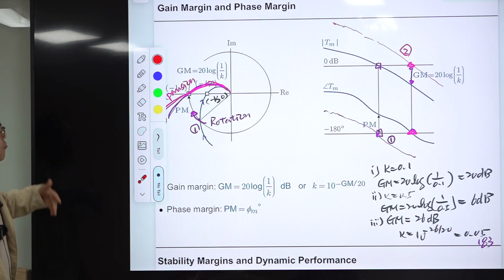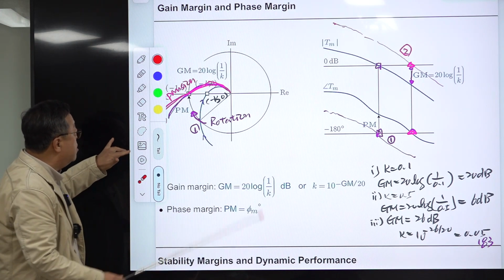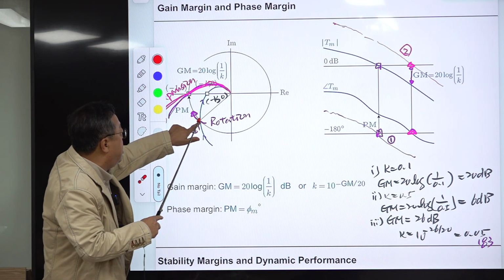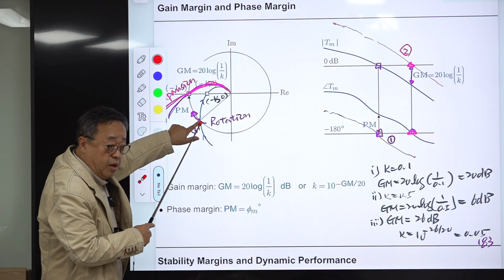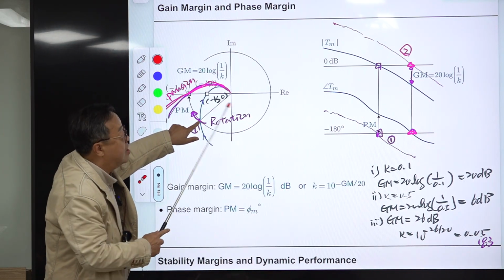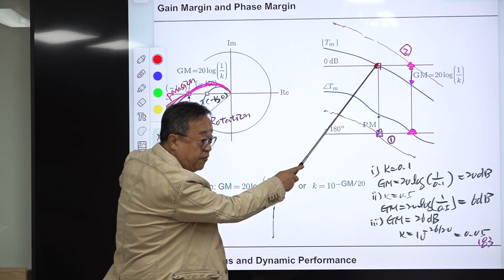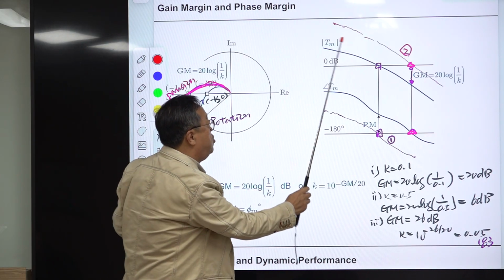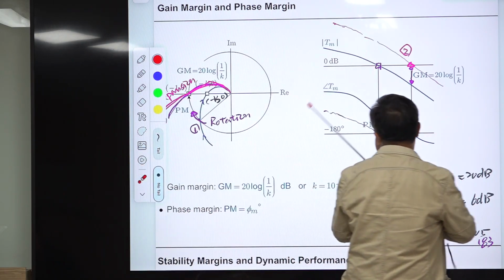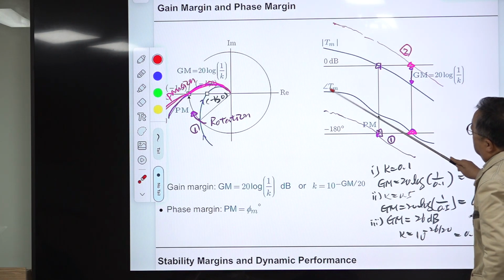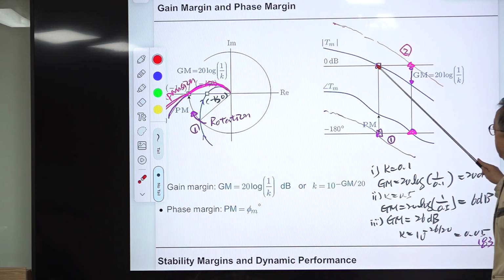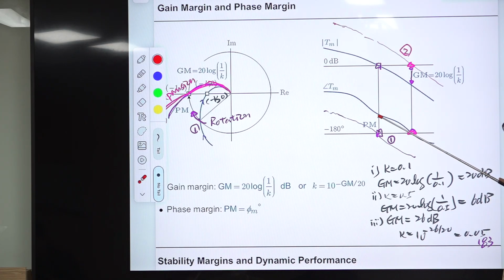When you are evaluating phase margin, you find this point where the polar plot length is just 1. That is the same as the crossover frequency. At the 0 dB crossover frequency, you compare the phase of the loop gain at that frequency with minus 180 degrees, and the distance between them is the phase margin.